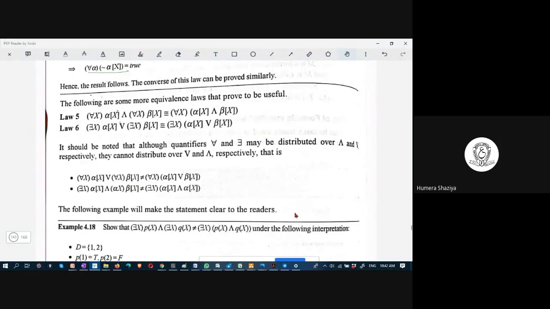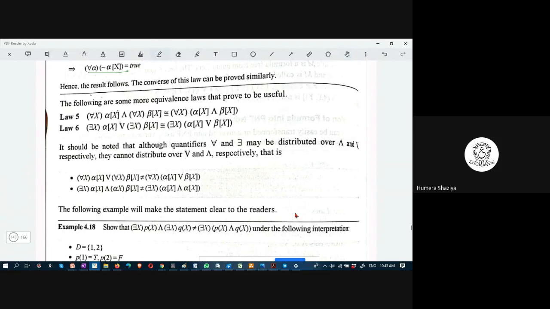Law for the equivalent laws, for all x, alpha of x, and for all x, beta of x is equal to for all x, alpha of x and beta of x. This is too obvious.